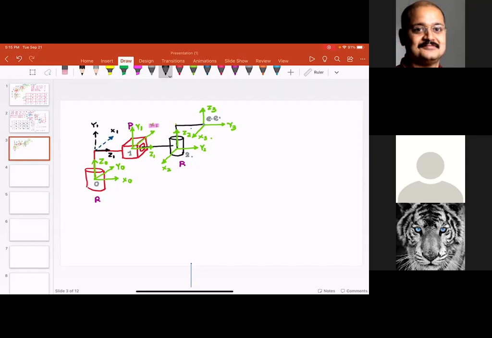What I have done here is I have not coincided the frames, but I have translated the frames in such a way that they are aligned. The translated frame number 1 and frame number 0 are not on top of each other, but still they satisfy the rule.